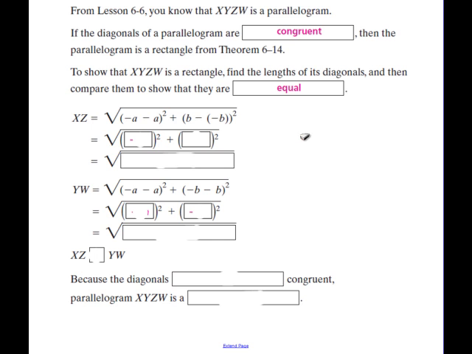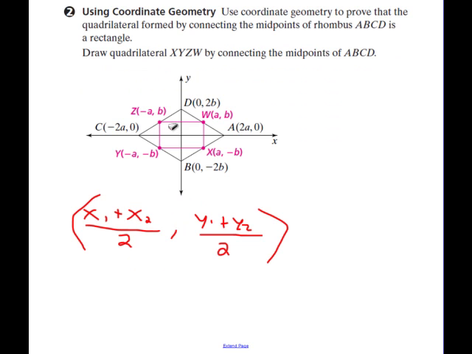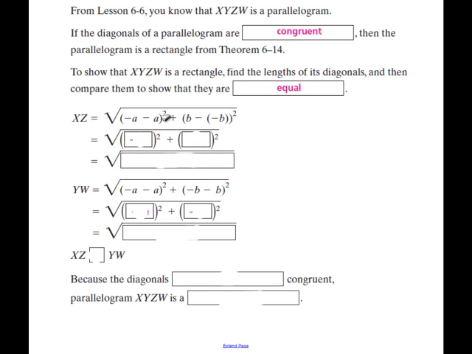So if we take the values starting with x and z, here's x and here's z. If we're going to do a diagonal, we have to take opposite points. We've got negative a, b and a, negative b for our two coordinates. So we're going to plug that into our distance formula. We get negative a minus a, squared, and then we get b minus negative b, squared. So we're going to get 2b, right?